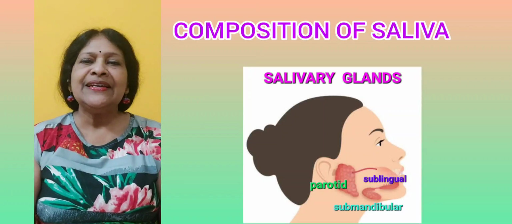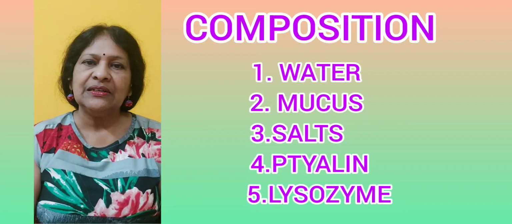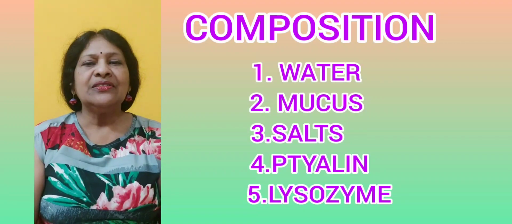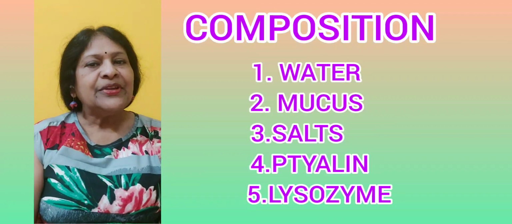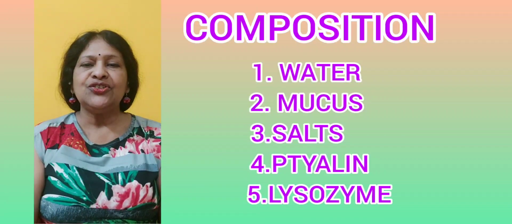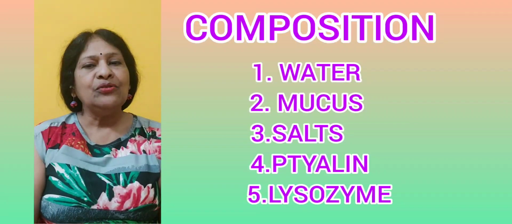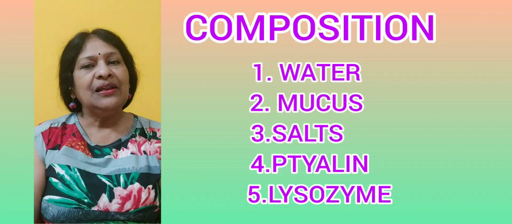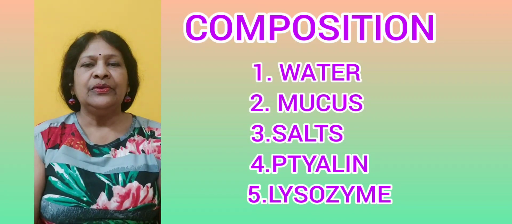Saliva is basically 99% water, but it does contain little amount of salts, mucus, some ptyalin, that is an enzyme for the process of digestion of starch, and also an antibacterial substance called lysozyme.